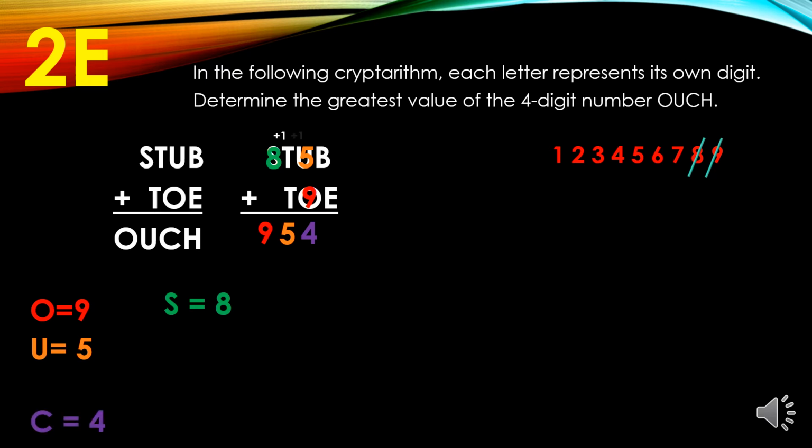So, there you go. C is 4. So, 14, carry 1. What number, when you add it and with the carry 1, will give us 15? We have 7. So, 7 plus 7 is 14 plus the carry 1 is 15. Okay, so there you go. We have already 9, 5, 4.